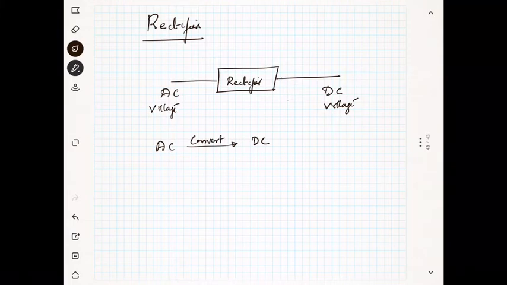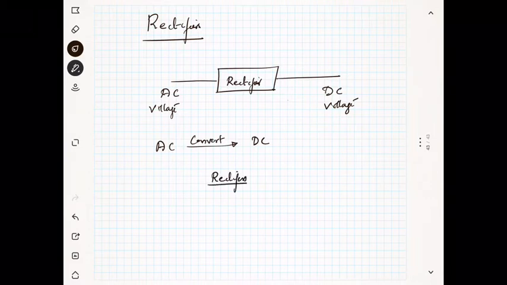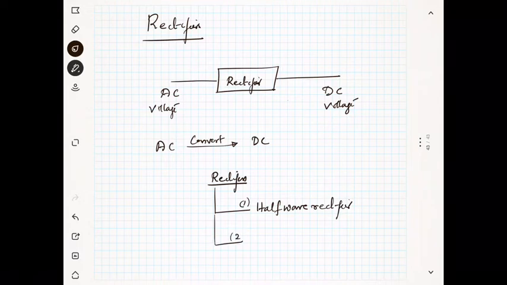There are different types of rectifiers. You can classify them into basically two types: the half wave rectifier first, and the second one is the full wave rectifier.